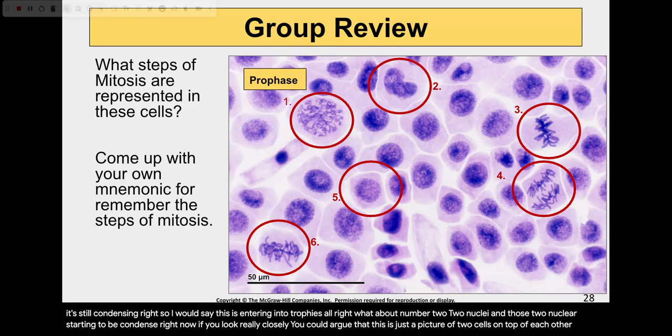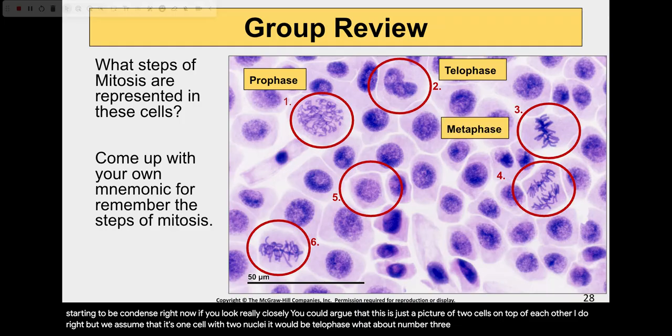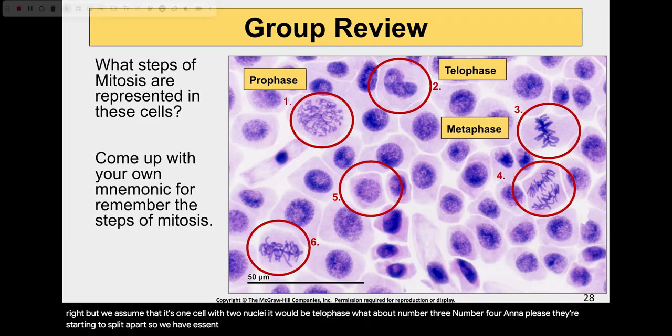Could be that too. Right? But if we assume that it's one cell with 2 nuclei, it would be telophase. What about number 3? Yeah, likely metaphase. All those chromosomes are in a line, in a row. Number 4, anaphase. They're starting to split apart, and we have essentially 2 rows moving to opposite ends.